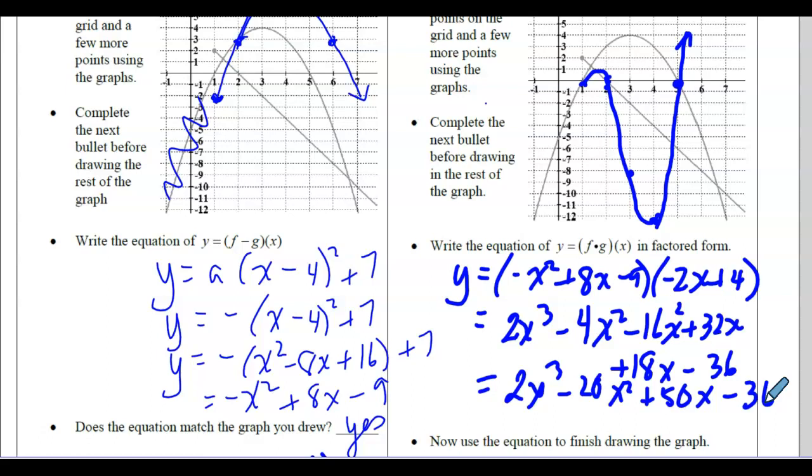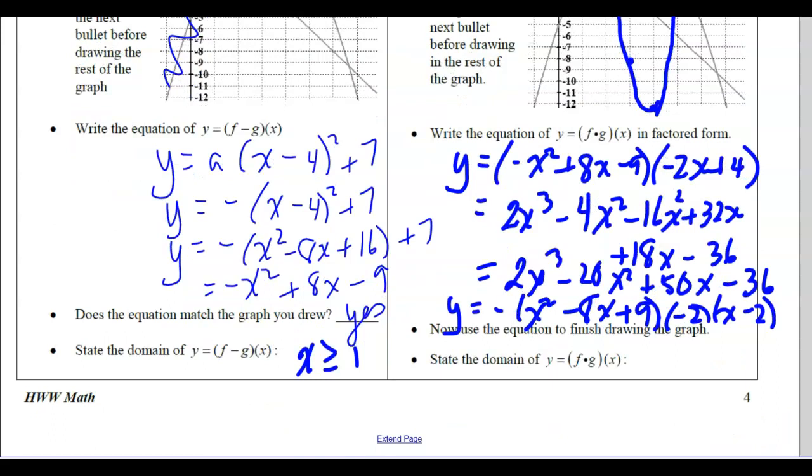Okay, now saying that, take a look in factored form. I've expanded. Actually, I didn't even need to expand out because we can just factor each of these. So I'm going to factor out a negative, I'm going to factor out a negative 2. Okay, bring that, so I'm going to just bring it down here.